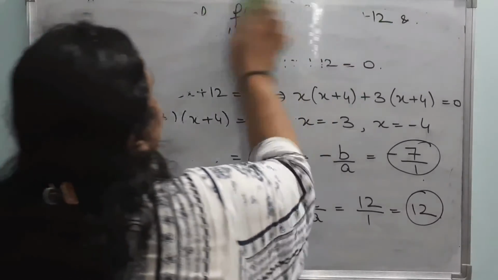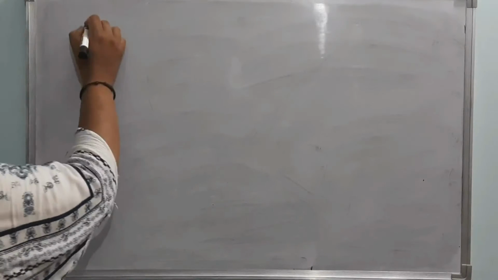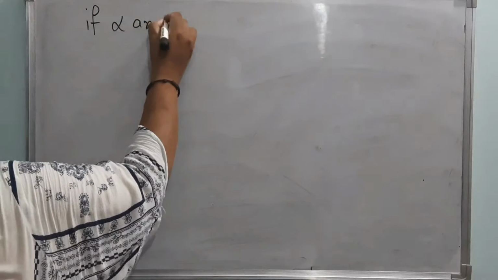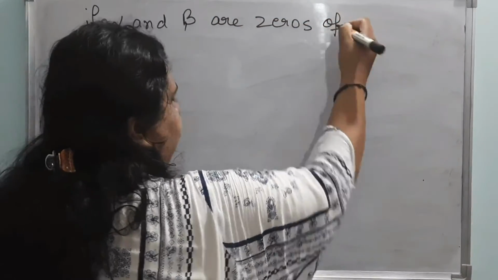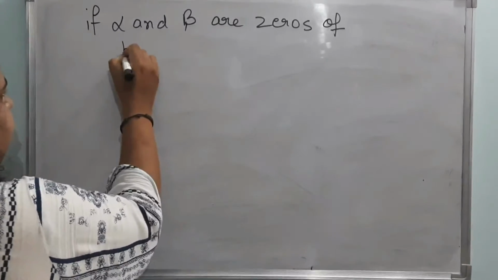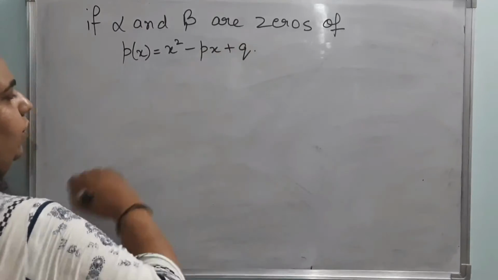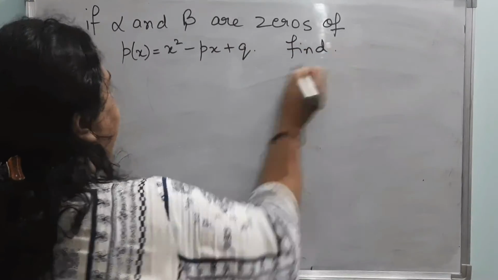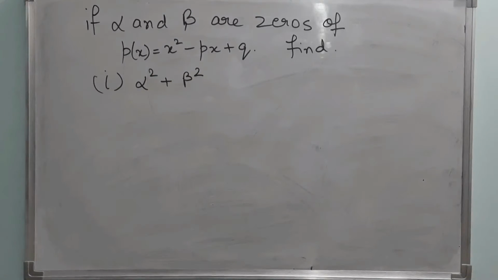Now let's take another example of how to use the relationship. If alpha and beta are zeros of p(x) equals x square minus px plus q, then find alpha square plus beta square. So how to find this?